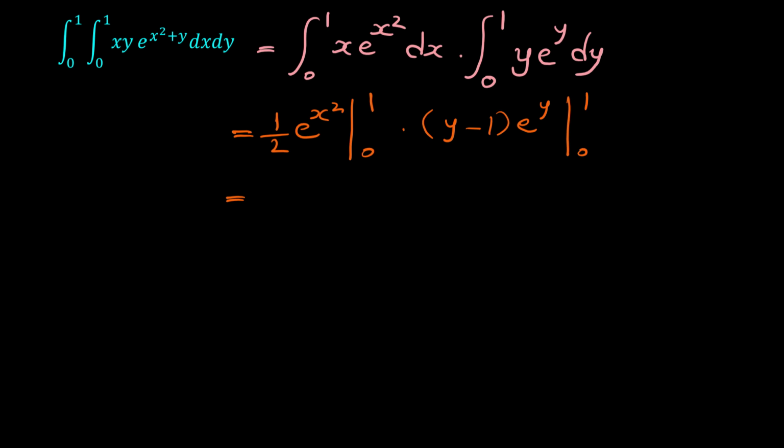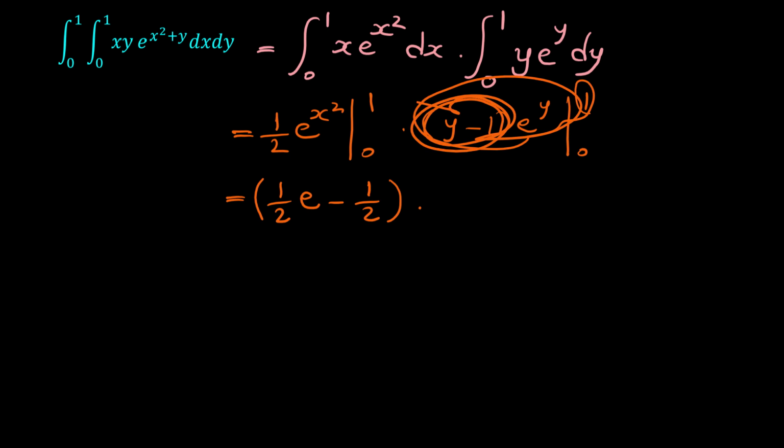If you plug in 1, we have 1/2 e to the 1, which is e, minus, if we plug in 0 here, e to the 0 is 1, so we have only 1/2 times 1, which is 1/2. So this is for the first one. For the other one, if we plug in 1 here, 1 minus 1 is 0, so this is completely 0.